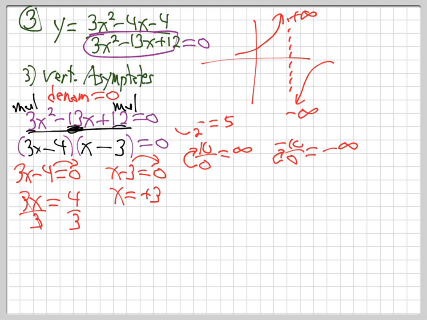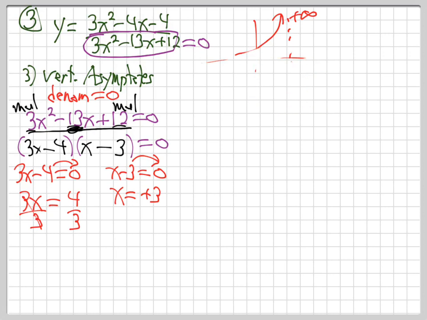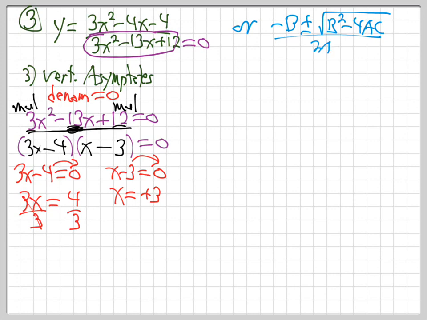I'll come over here and do the quad again. So let me go back to do the quad. I'll say or, if you don't like the factoring, negative b plus or minus the square root of b squared minus 4ac all over 2a.